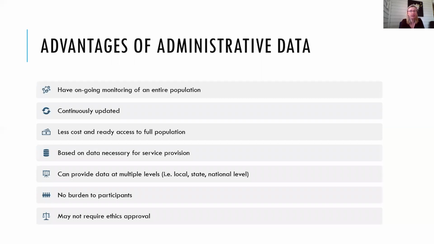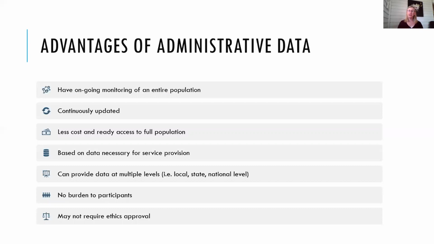Administrative data, on the other hand, comes from organizations like the Australian Bureau of Statistics, the Tax Office, the National Census. These have ongoing monitoring of entire populations. However, these things are very large. So in some ways that is really, really good because we've got a really big data set to work with, but sometimes it can be very overwhelming.